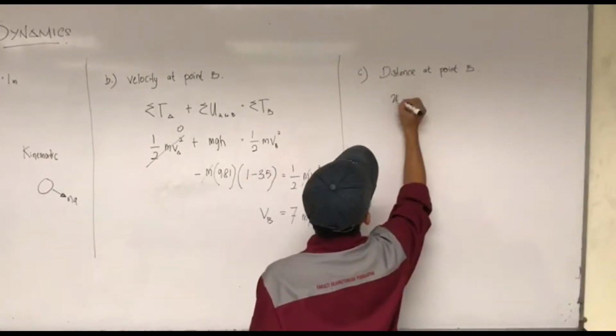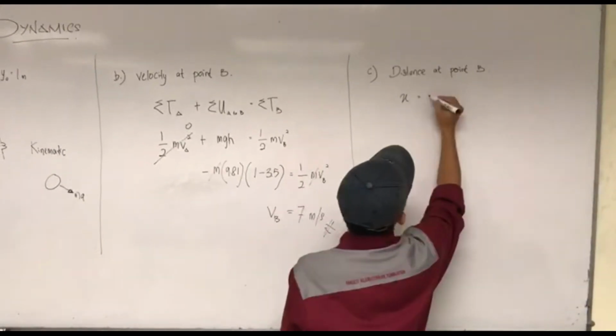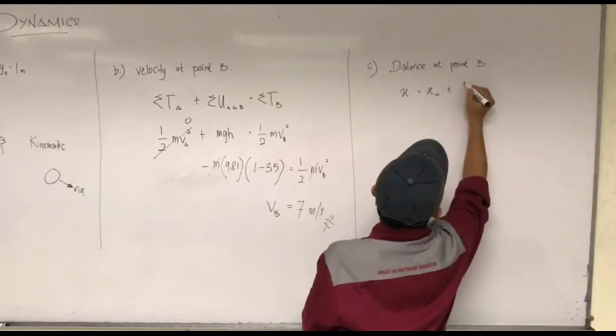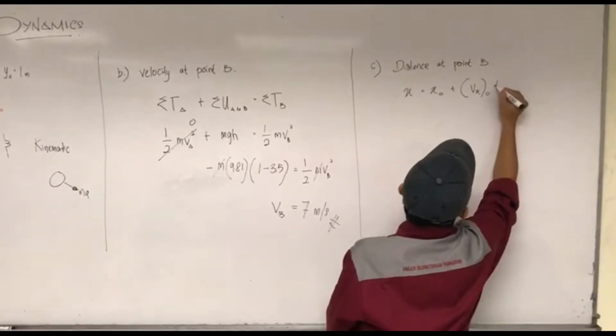We know x equals x naught plus Vx naught t.